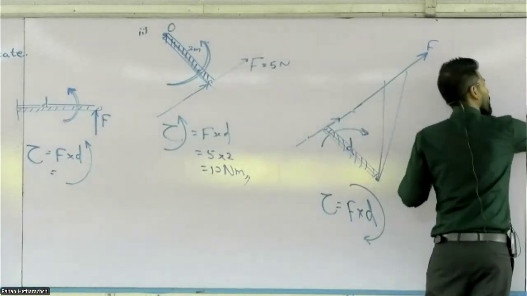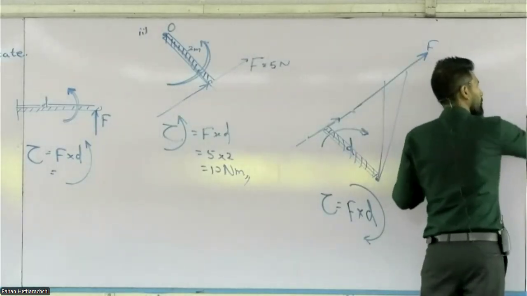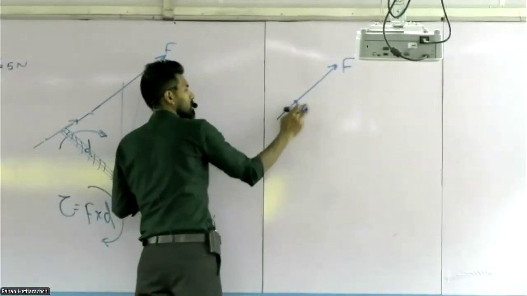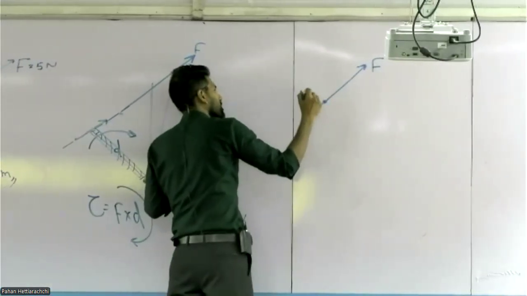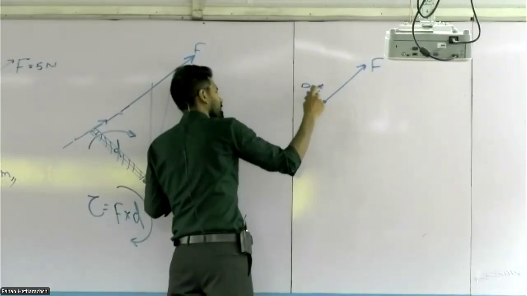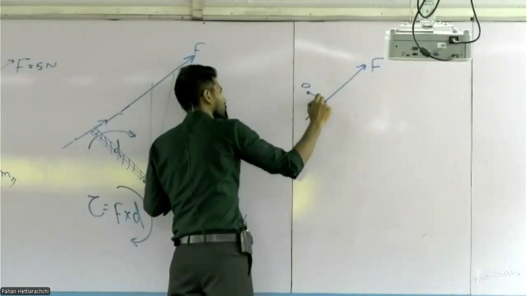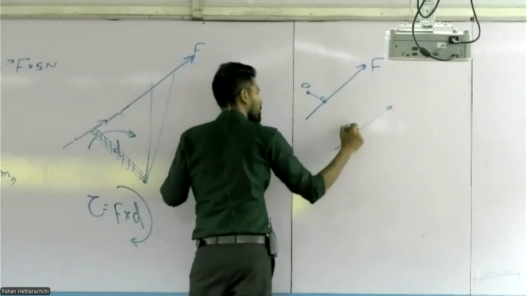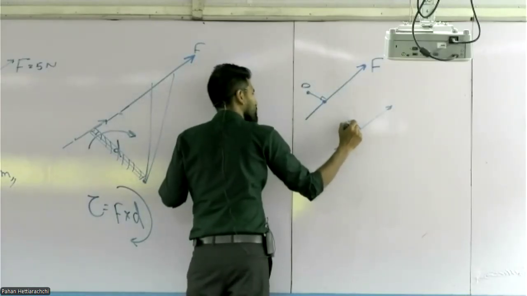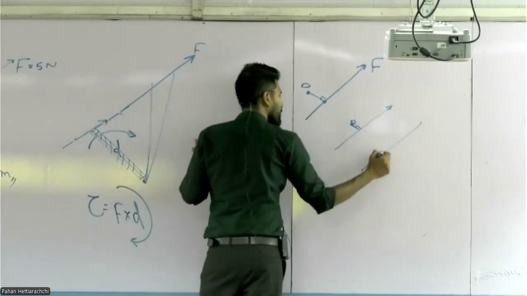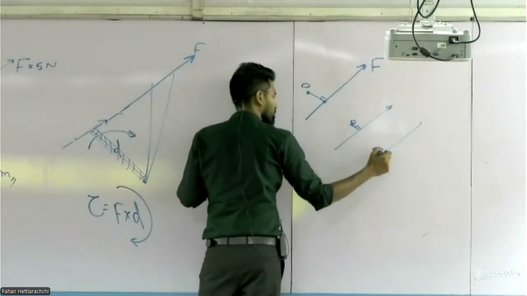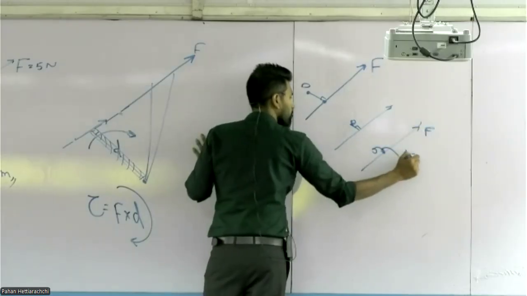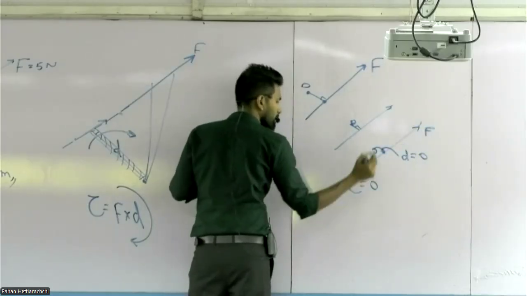There are two other cases also. If the considered point O is on the force, what happens? The perpendicular distance is always from O to the force. If you bring the point O closer to the force, the perpendicular distance will reduce. If you bring the point O onto the force, D will become 0, then the moment will become 0.